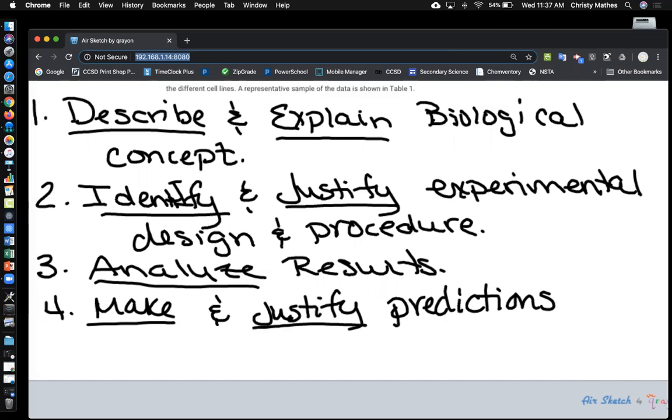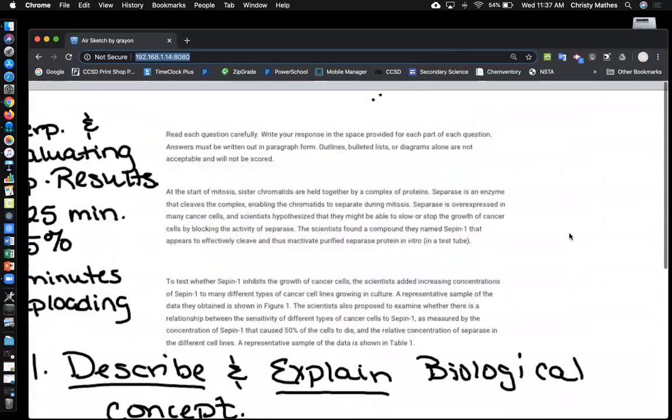Or you have to look at what they're saying is the answer to the experimental question, and either go along with it or not, and justify why. So we've got those 4 basic parts.